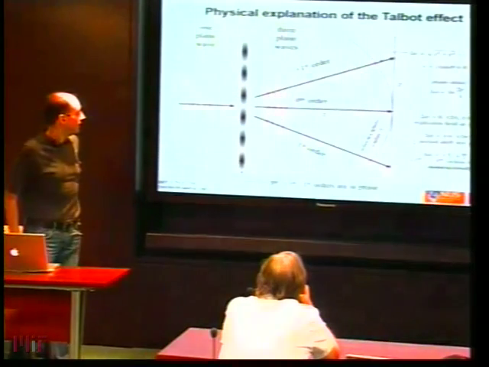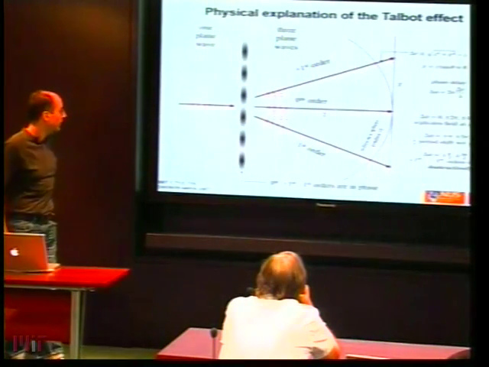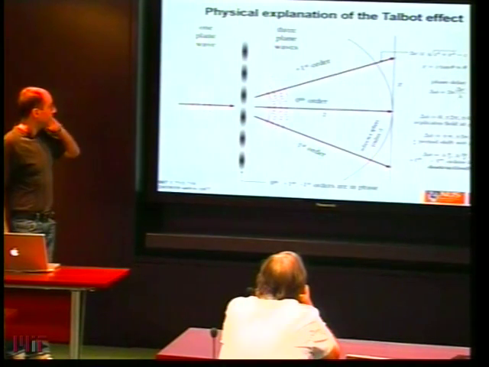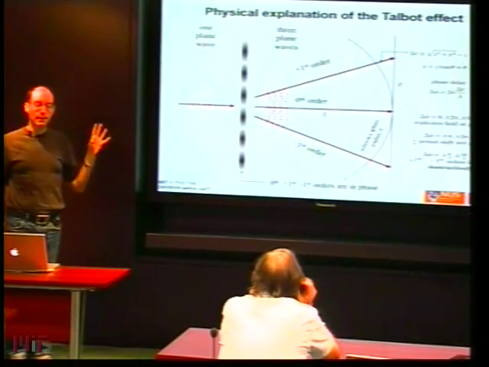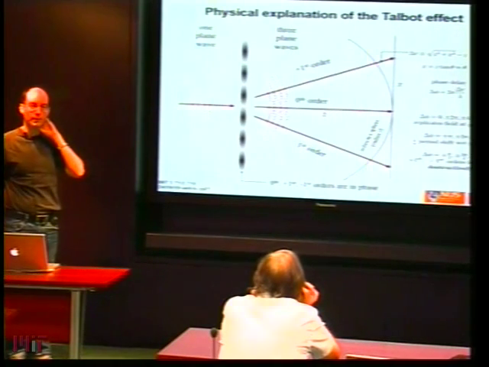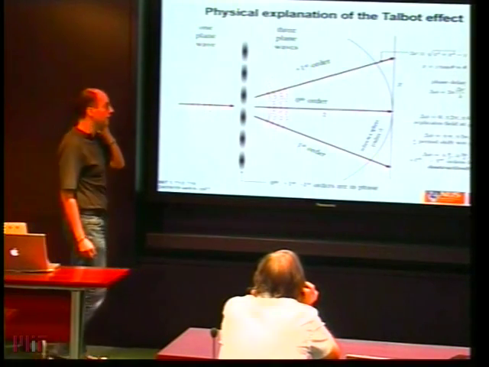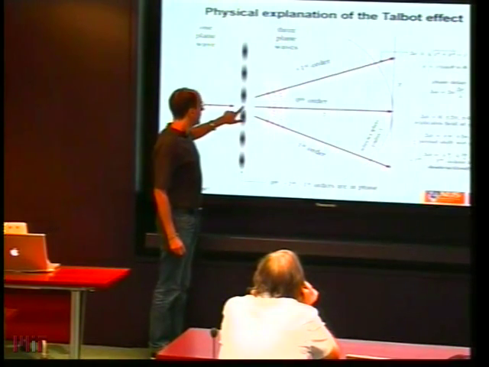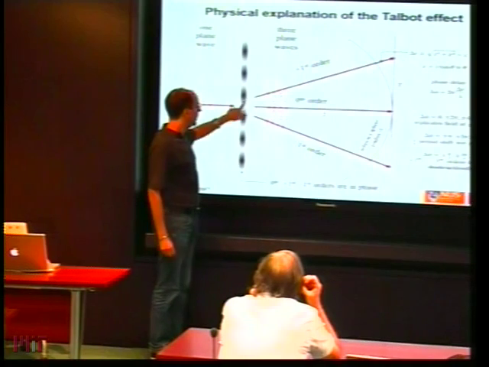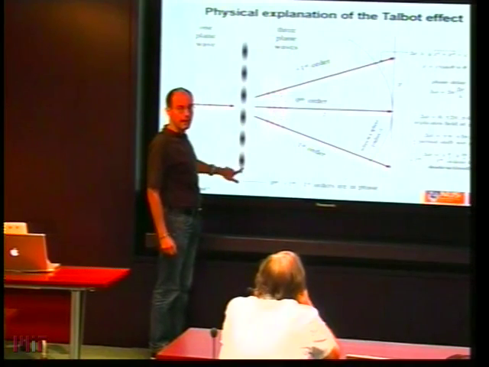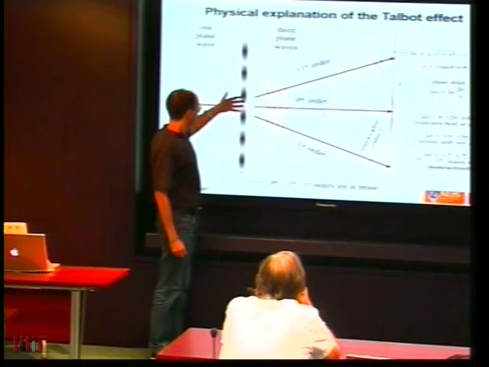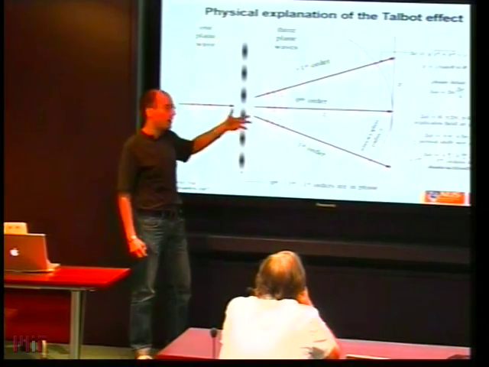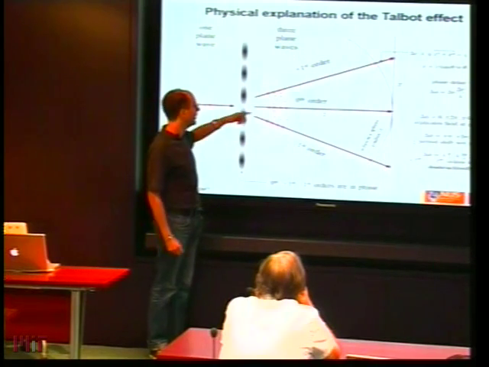Well, there's a physical explanation, which is probably the most interesting, and that has to do with the following. So this really goes to the heart of diffraction, why really diffraction happens and why we see all these phenomena. So imagine that you have a plane wave going into a sinusoidal amplitude grating, and of course in this case we only get 3 diffraction orders as we discussed, the +1, the -1, and the DC.